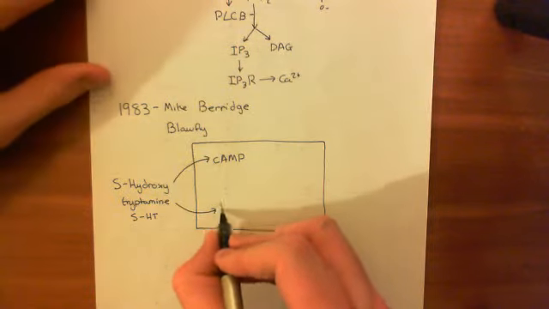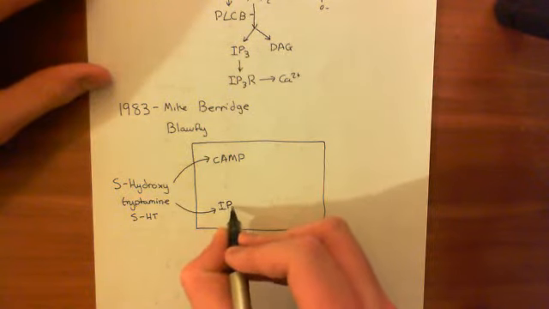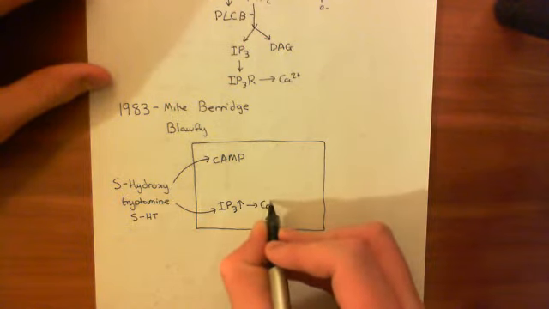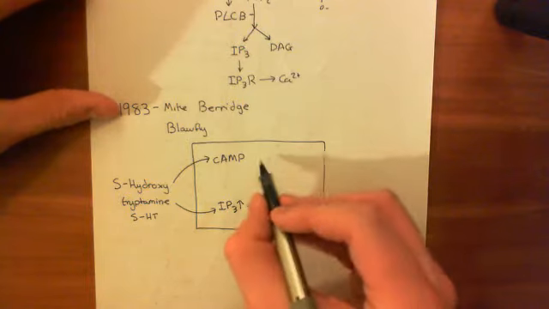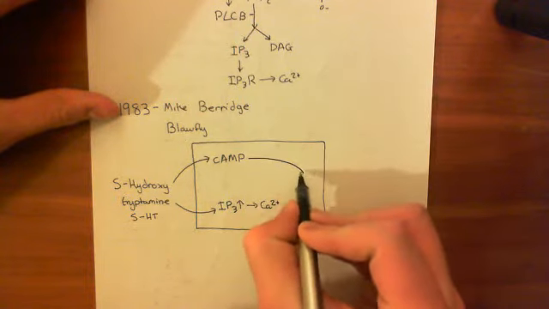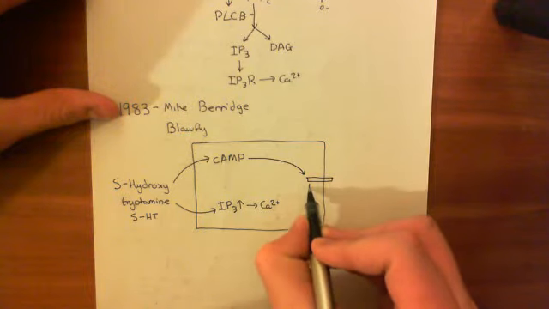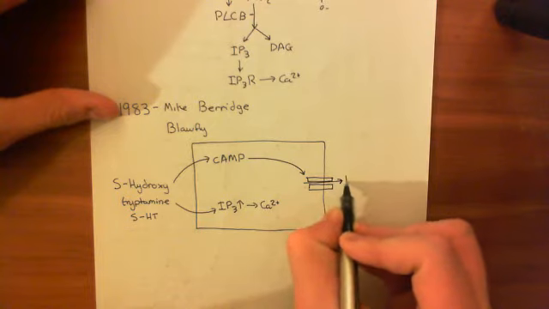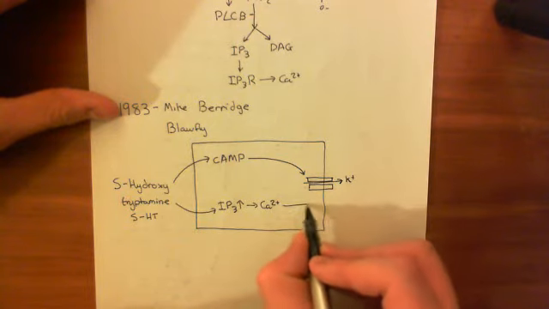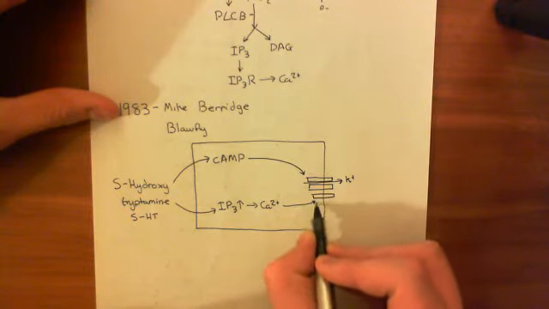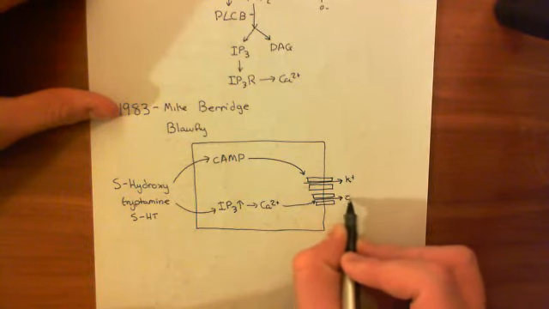So it's going to make IP3 go up, and IP3 going up is going to cause calcium to go up. And basically what happens is that cyclic AMP activates potassium channels on the apical surface of this cell, like so. So potassium is going to be secreted, and calcium activates chloride channels on the apical surface of this cell. So here's a chloride channel. So chloride anions are going to be secreted, like so.